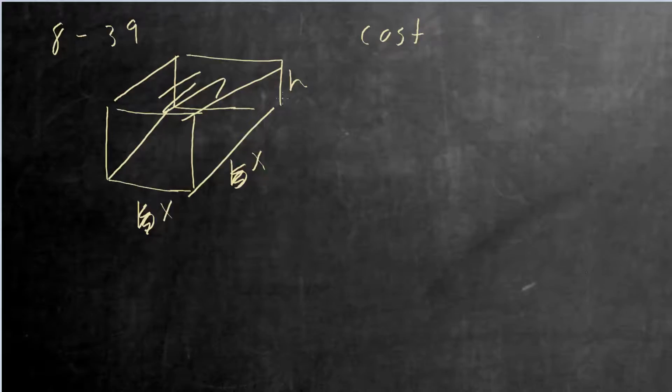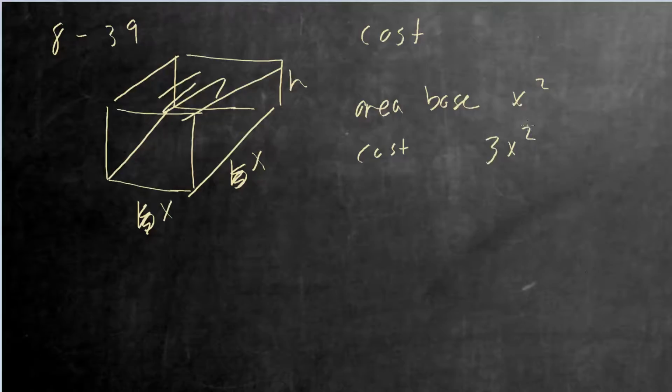Write an expression for the cost of the base in terms of x. So the area of the base is x squared, in square feet, so the cost of the base should be 3x squared, $3 times each square foot.